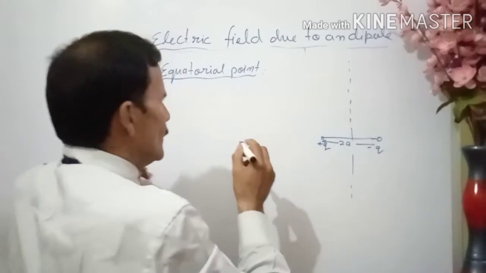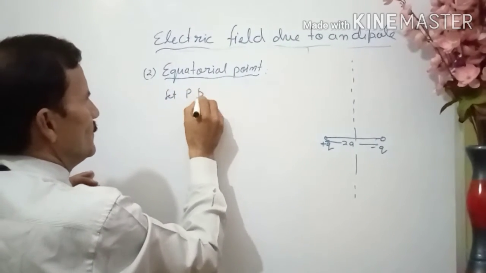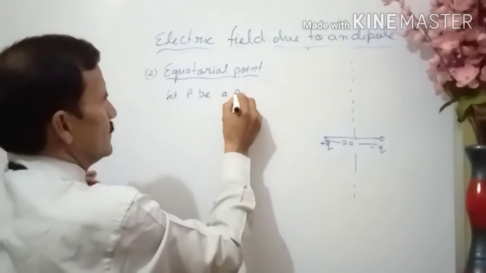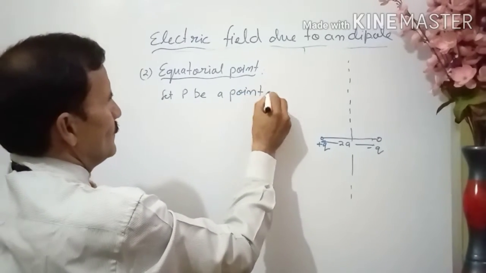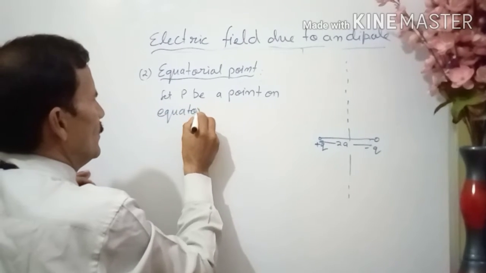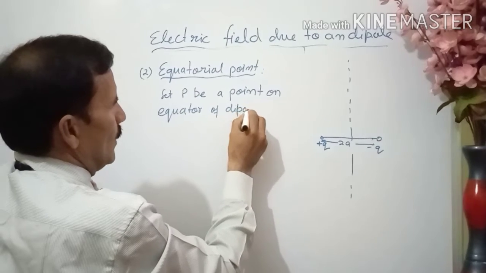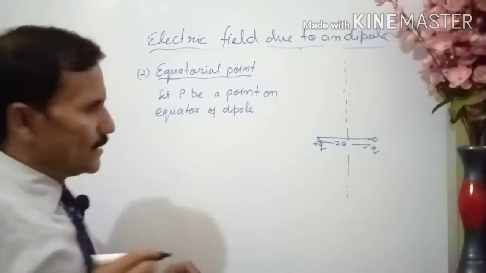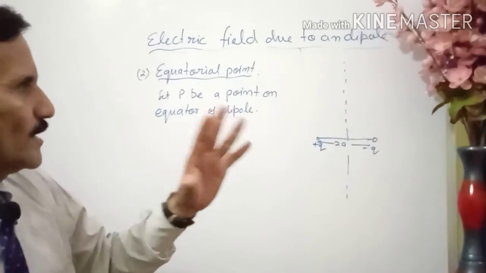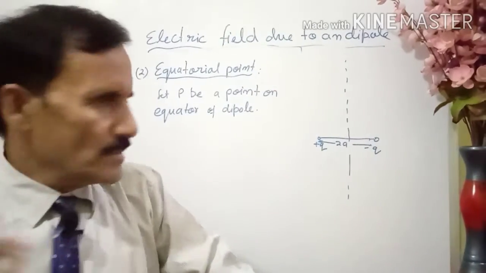So let P be a point on the equator of dipole. Now I have already explained you that the equator is nothing but the line perpendicular to the axis of dipole.